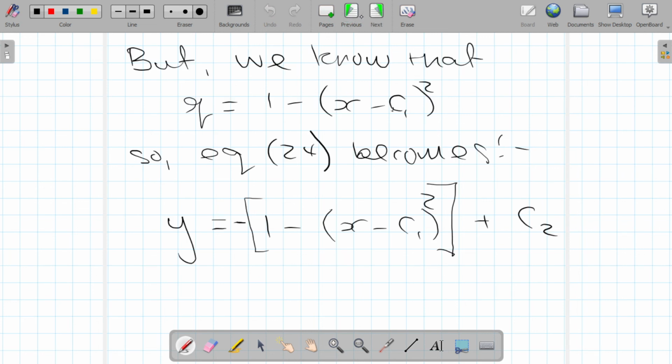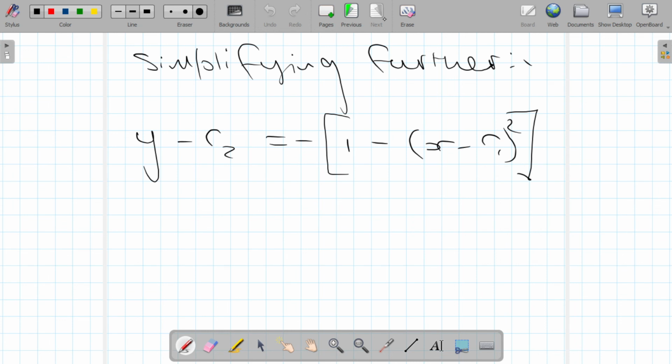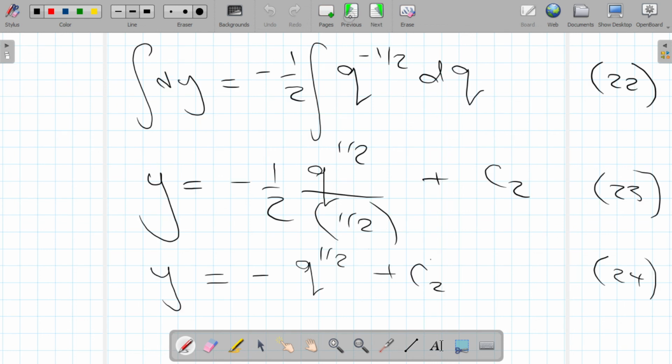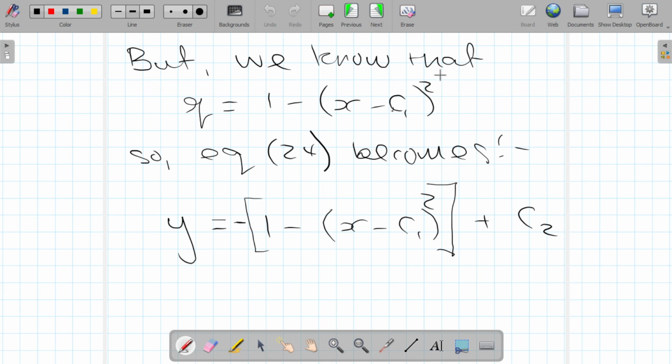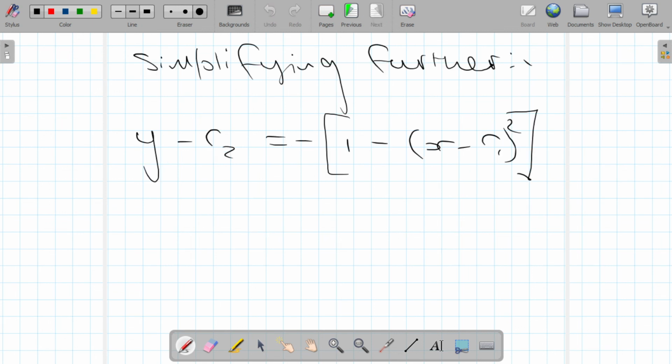I think I have been making a mistake, haven't I? So if we just go back, yeah, it's q to the half. So that should be to the half. And that should be to the half. Just a little slip, a little error that I made, but it doesn't alter anything because what we've done up to now is correct. So we've got y minus c2 equals minus 1 minus x minus c1 squared, all to the power of half.